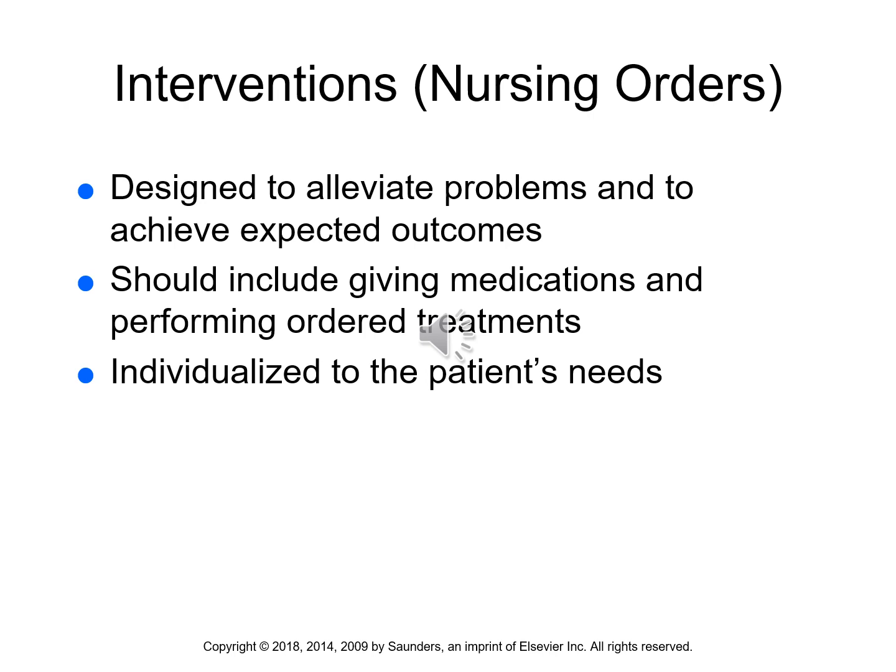And a third category would be interdependent interventions. Interdependent interventions are collaborative, and these interventions require the actions of multiple members of the healthcare team. For example, a patient who has a nutritional deficit will require interventions from the physician, the nurse, and the dietitian.